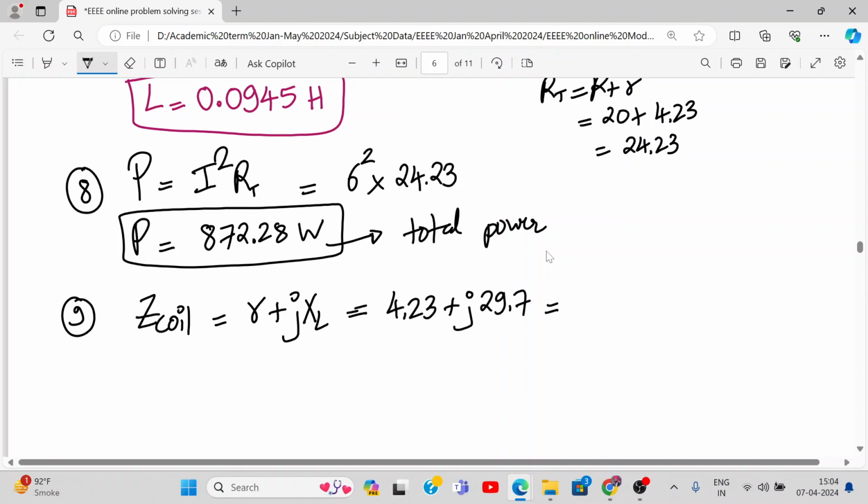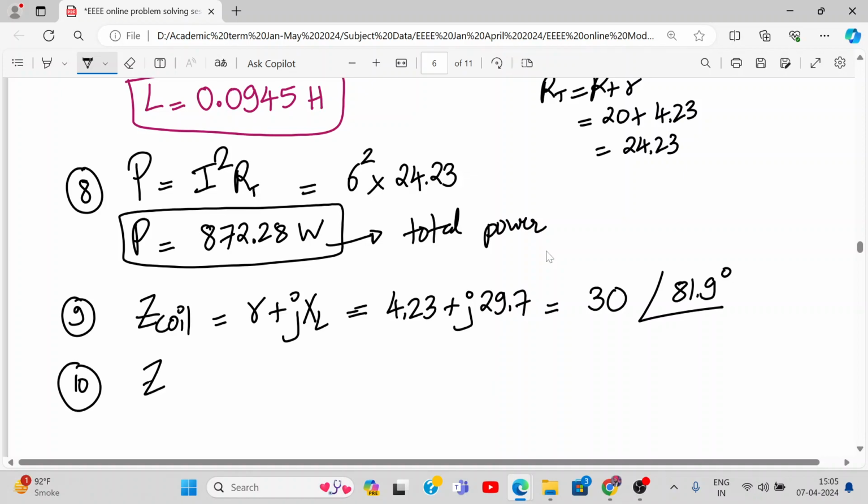Can you convert this into polar form now? Shift polar करो. कितना हुआ यहाँ पे? Angle. Tell me. Yes.